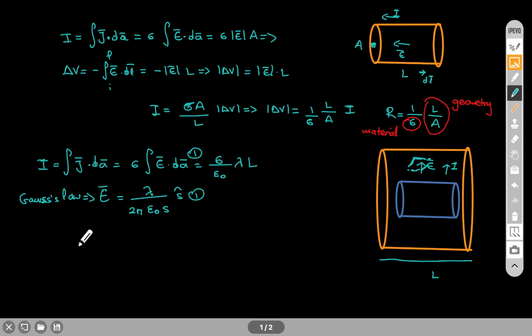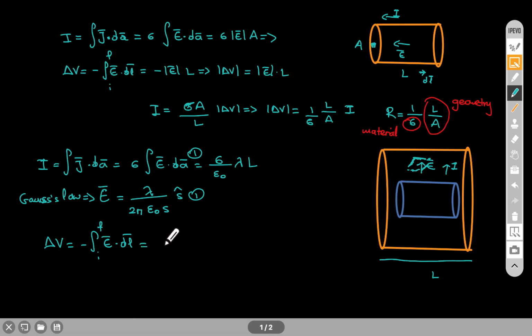Now, in a similar way with what I did before, now that we have I, the conventional current, in terms of these quantities, we can do as we did before, from initial to final E dot dl. And of course, this is the electric field.